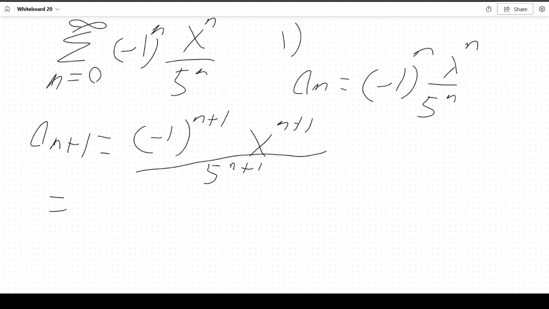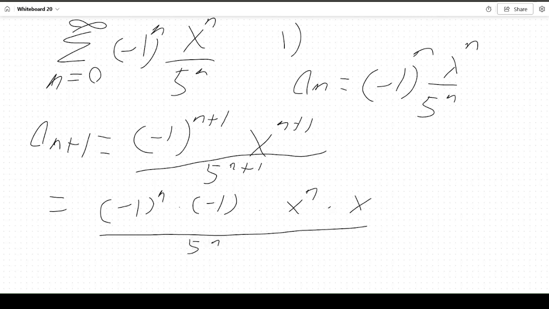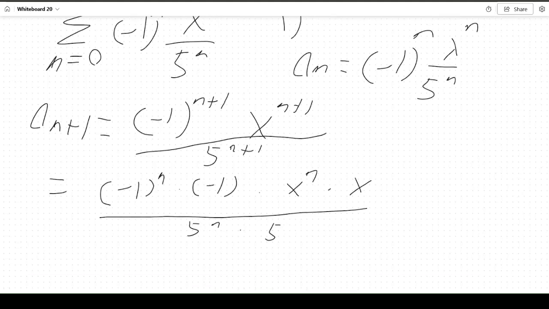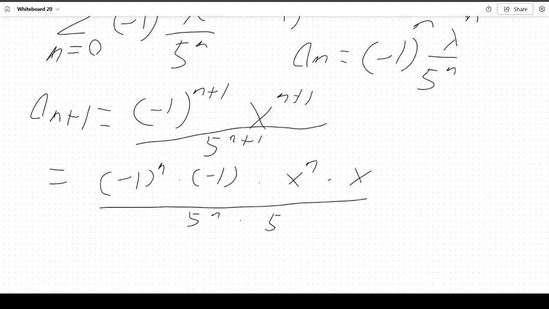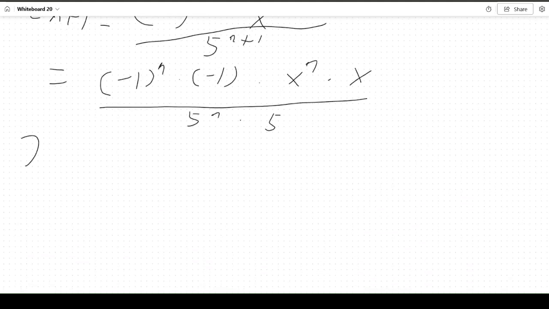We can distribute the exponents. So a_(n+1) over a_n, absolute value.